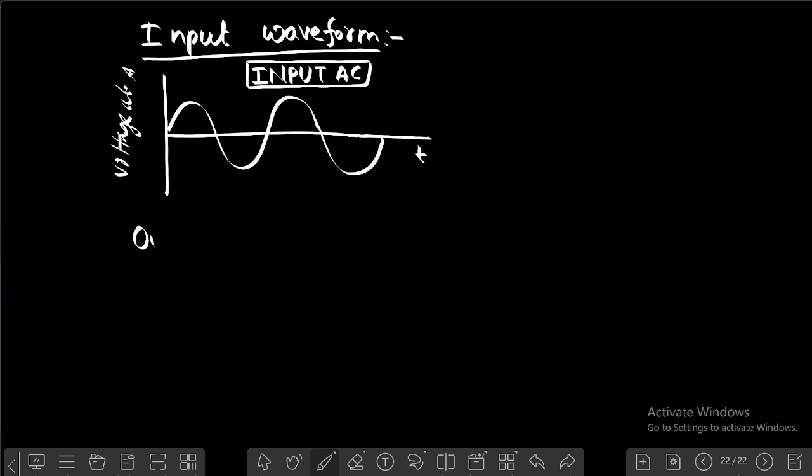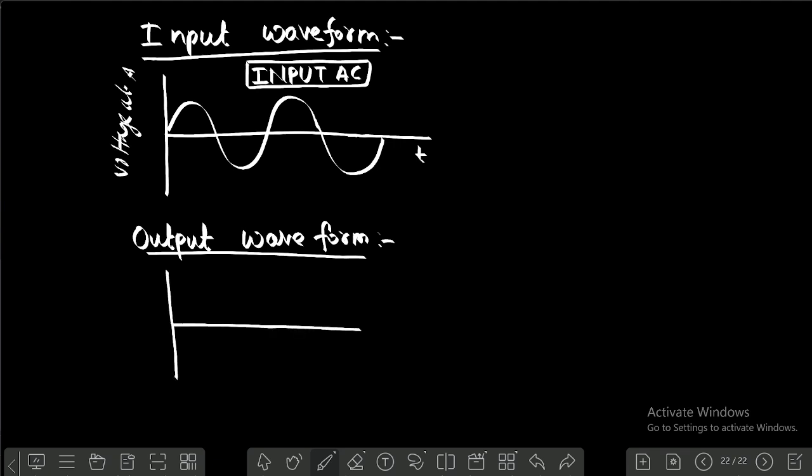Now what is your output waveform? Do the output waveform there itself. Listen all of you, it is the same type of graph, but the negative half cycle will be removed. This is your voltage at RL. Only the positive cycle will come, the negative cycle will not come.